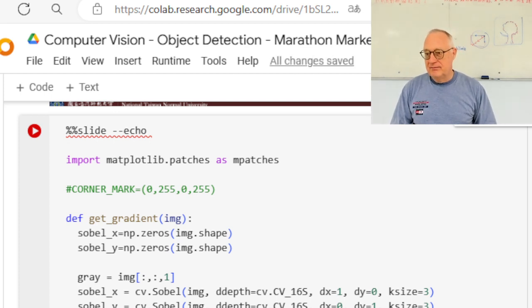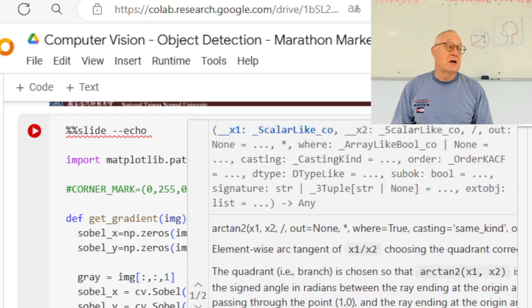Actually, why not? There's also a Cartesian to polar coordinate function. So I can actually pass in those two images here and then get as output the polar coordinates, which would give me, of course, the angle in one of them.